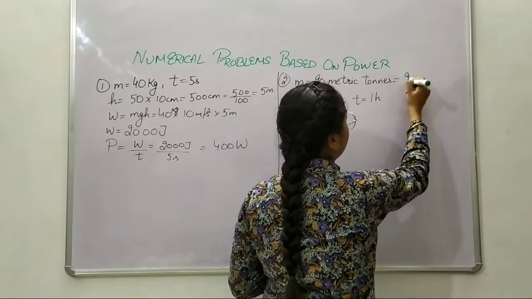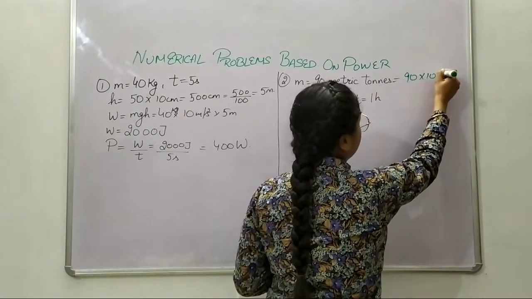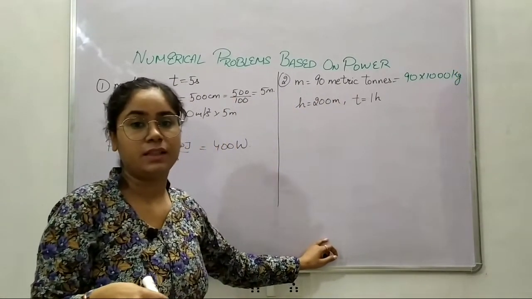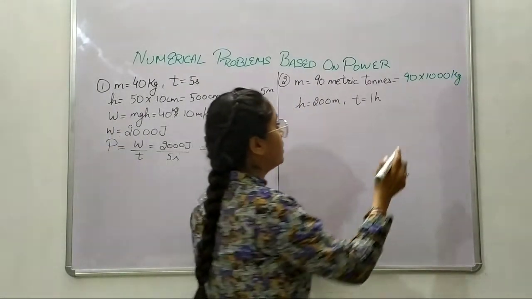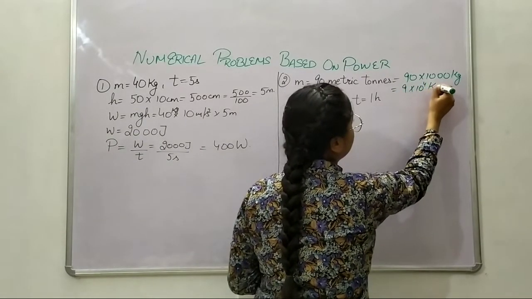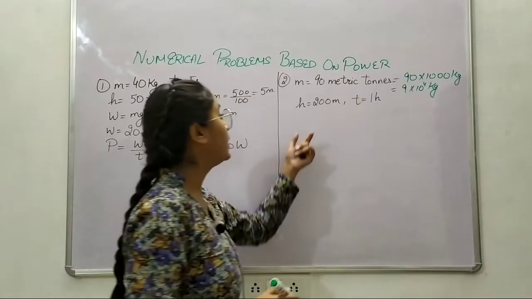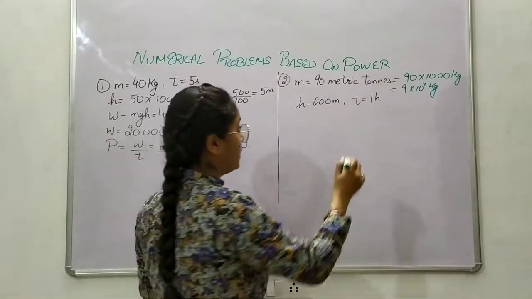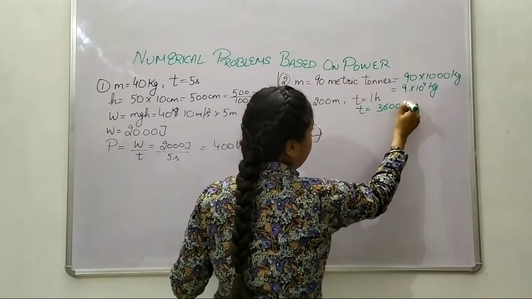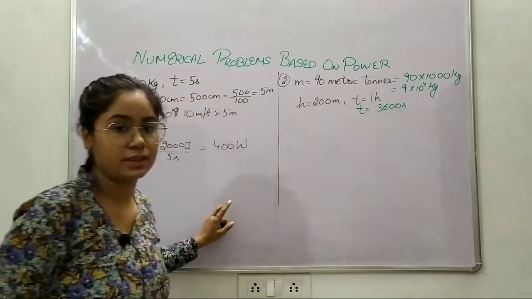So it is 90 times 1000 kilogram, because we need to find it in kilogram as it is our SI unit. So it will be 9 times 10 to the power 4 kilogram. Now we are given the height and the time here is 3600 seconds, as we need all the SI units.